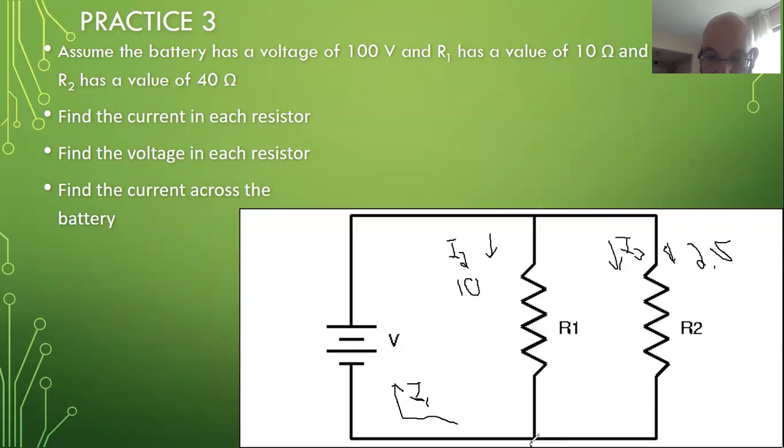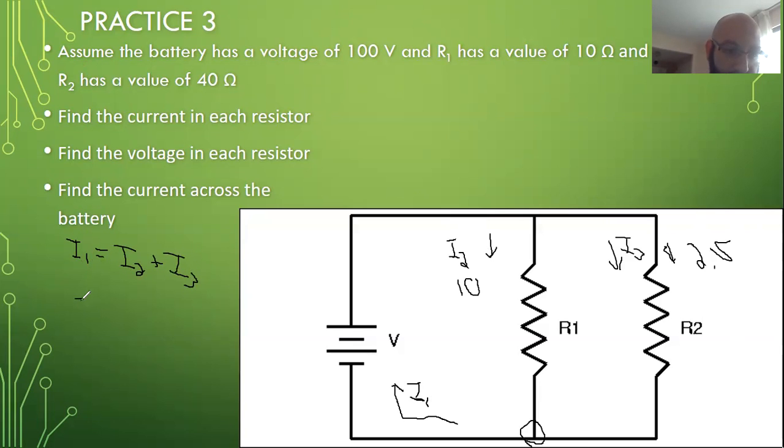Here's our junction right here. What's going into this junction? I2, and so is I3, and they're going to equal I1. So you can write at that spot, I1 is equal to I2 plus I3.